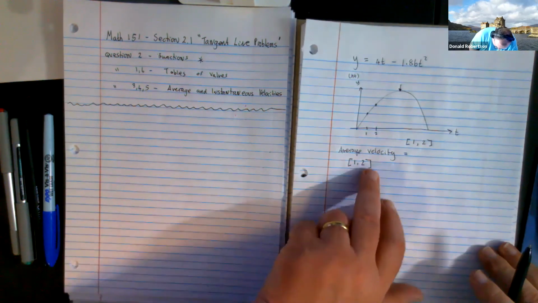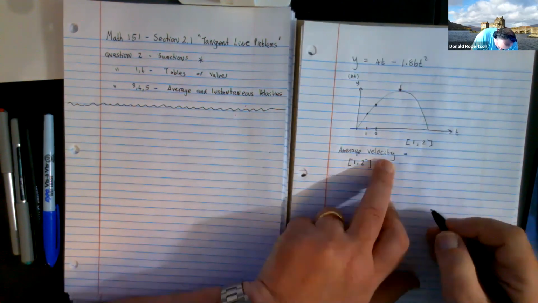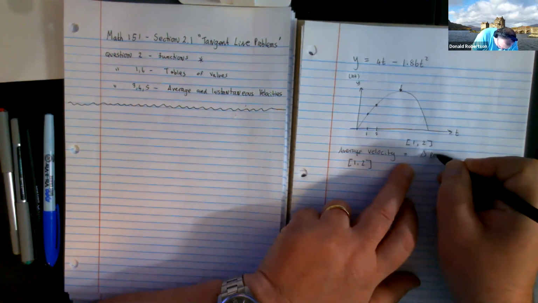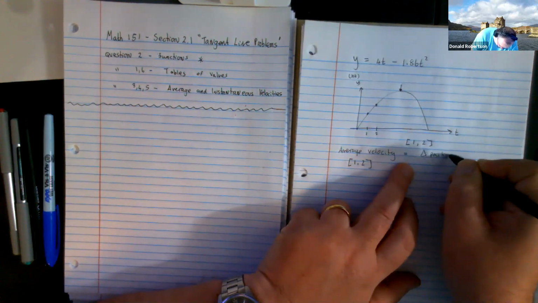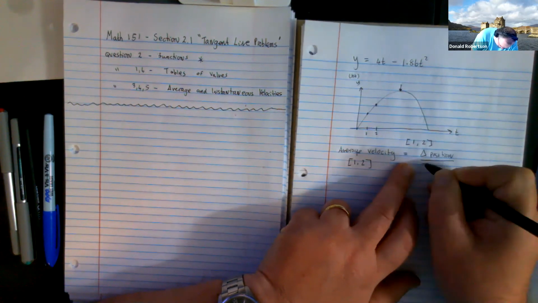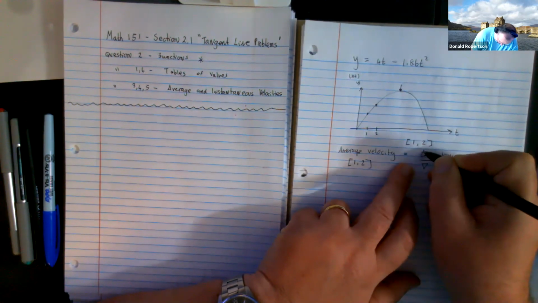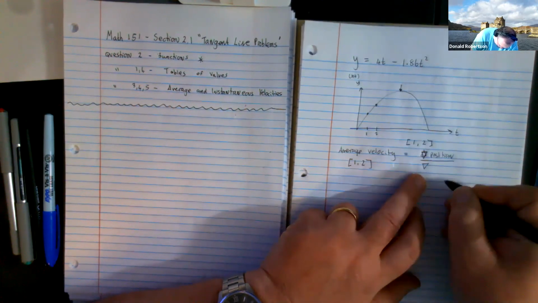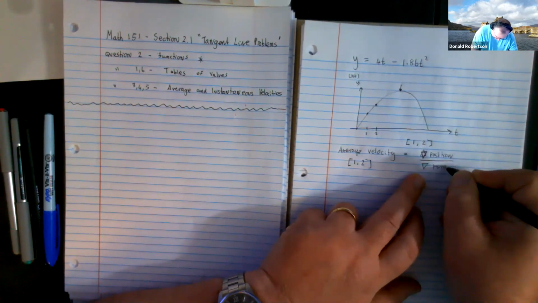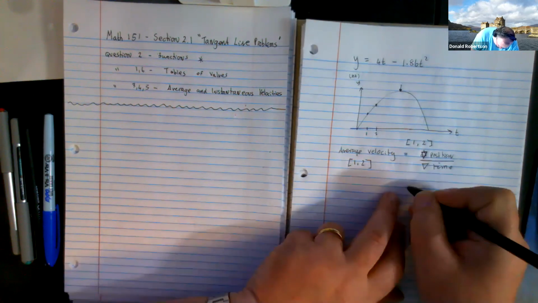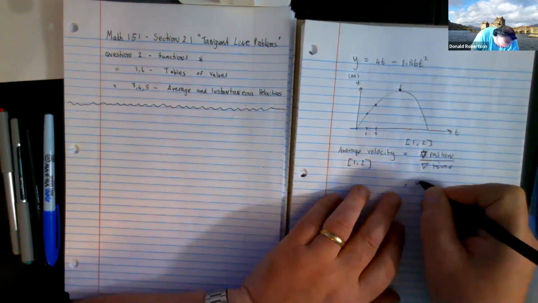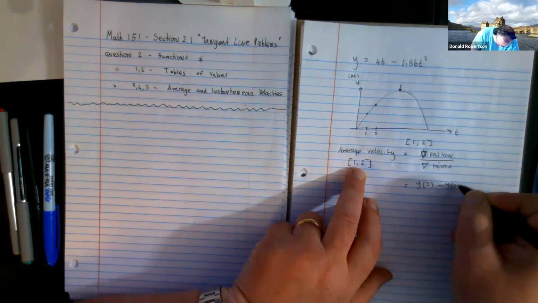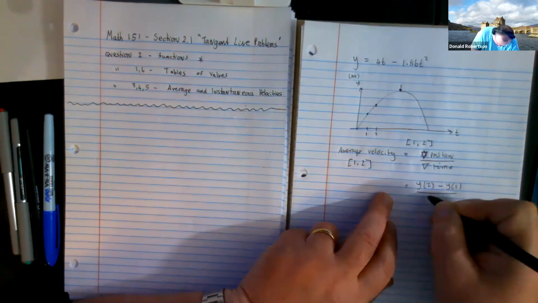So how do you find the average velocity? Well, it's a change in position, delta position, divided by delta time. So I am going to find the position at 2, take away the position at 1, divided by 2, take away 1.